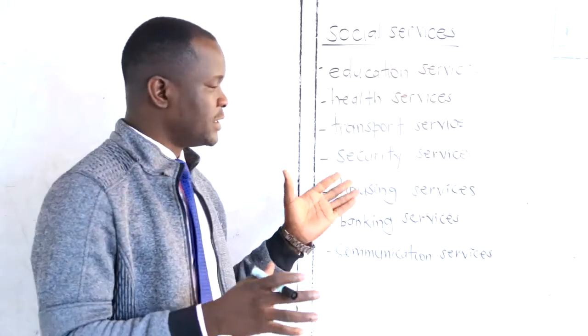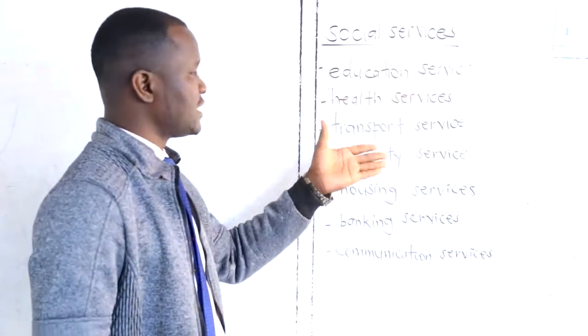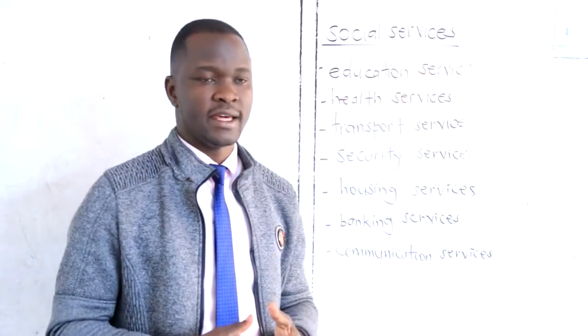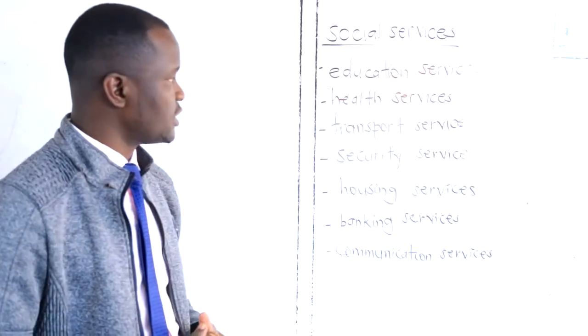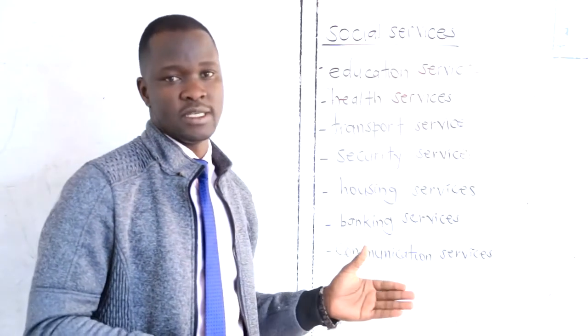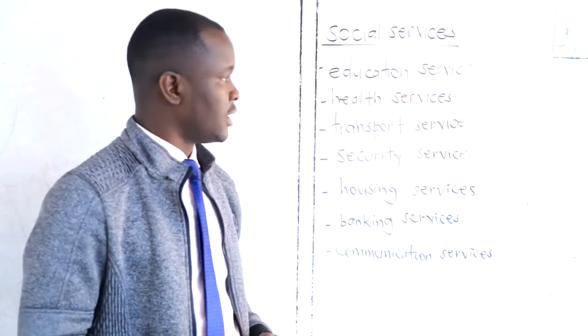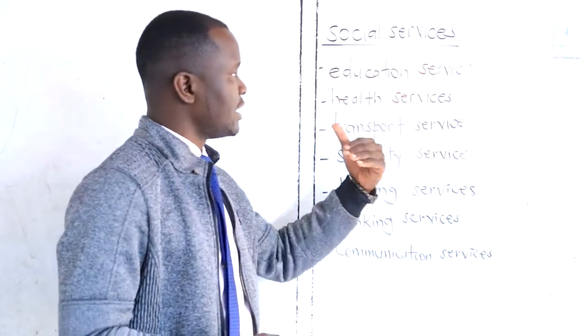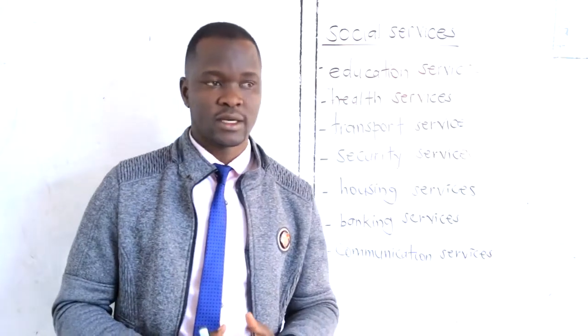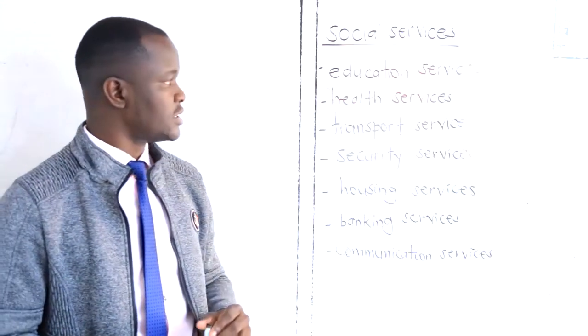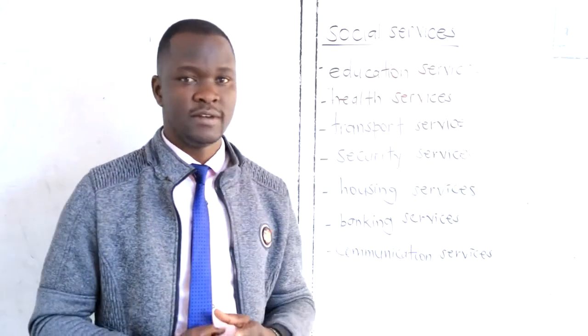Now, by definition, social services are provided by either the government or non-governmental organizations to meet people's needs or for people to live a better life. We define social services as services provided to the people by either the government or non-governmental organizations in order for people to live a better life.